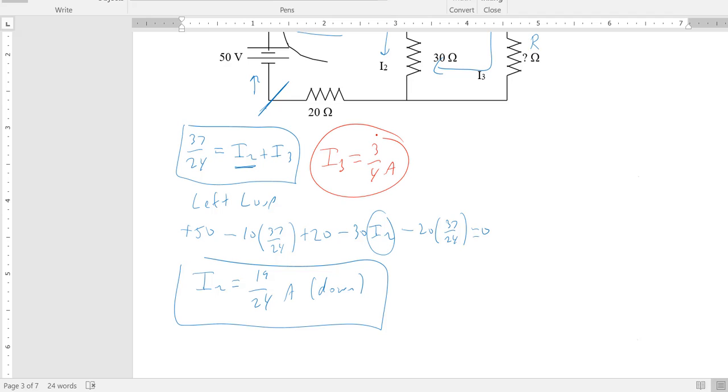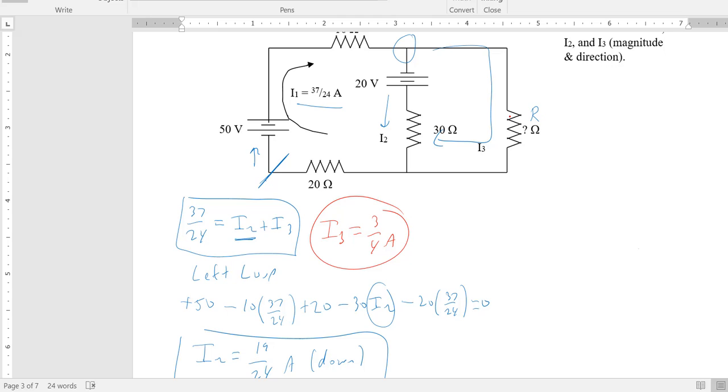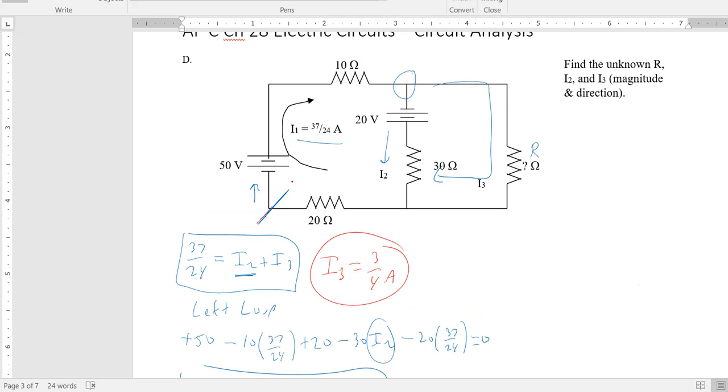All right, so then to figure out this unknown resistance, I've got to use either the left or the right loop or the outer loop. It doesn't matter which one. I'll start here again, and I'll do the outer loop. The cool part is the first two terms are identical to what we had before. We have a 50, we're going with that battery, and then minus the 10 times I1, which is 37 over 24.